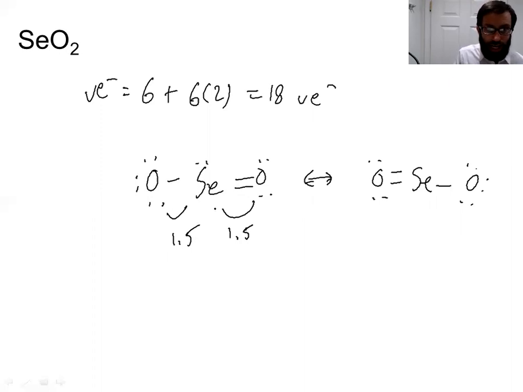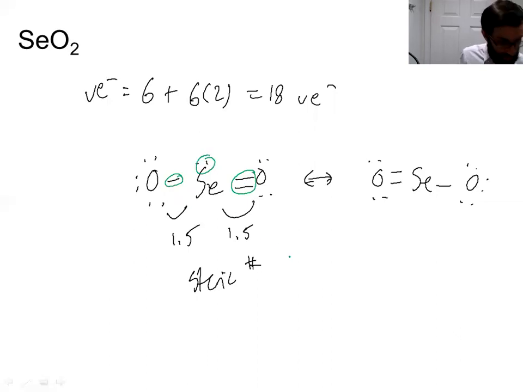That's cool. Let's do steric number of the central atom. Steric number of central atom is number of bonding sites, 1, 2, plus number of lone pairs, 1 lone pair. So that gets us steric number of 3.